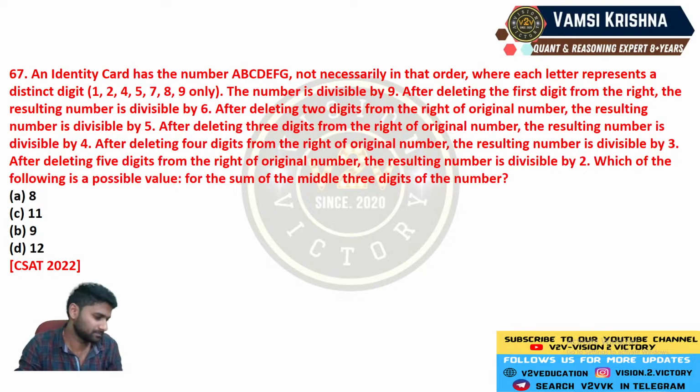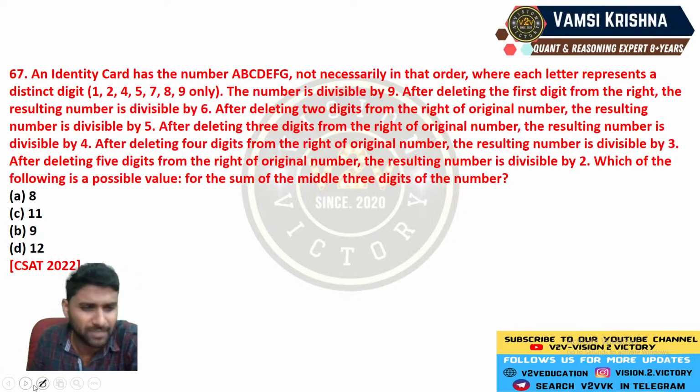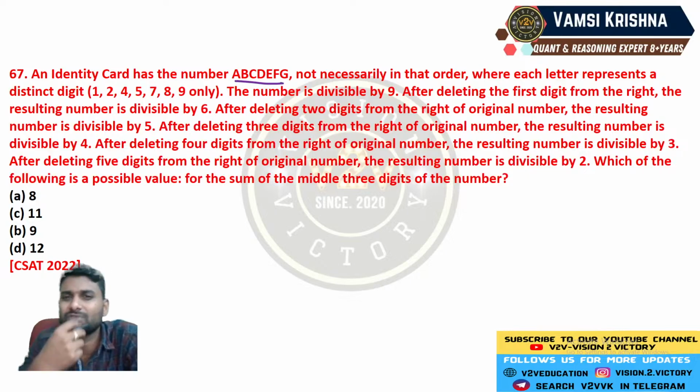The 67th question, guys. If you understand the data, you can get the exact answer. Let me explain line by line. Identity card number A, B, C, D, E, F, G, not necessarily in the same order, where each letter represents one of these digits. The digits are already given. The number is divisible by 9.